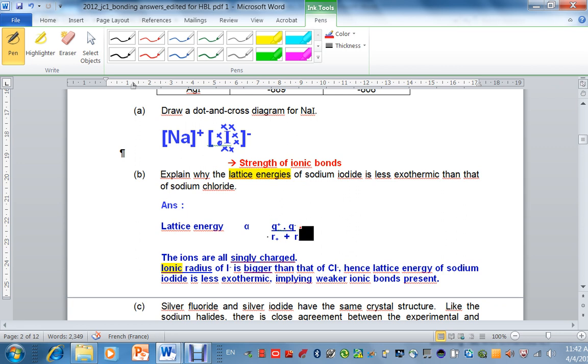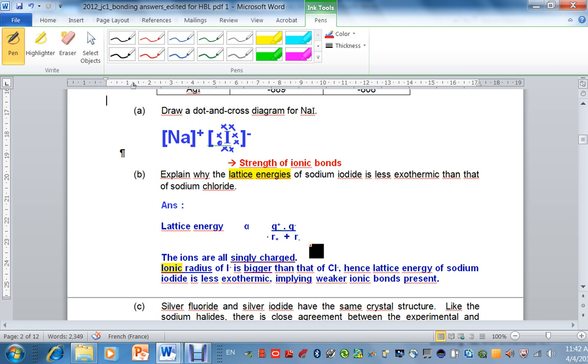I think it's quite obvious. The higher the charge, the stronger the ionic bond, because the attraction between the ions will be stronger. The larger the size, the weaker the ionic bond, and hence the lower the lattice energy, because when the ions are big, they are further apart, and therefore they attract one another less strongly.